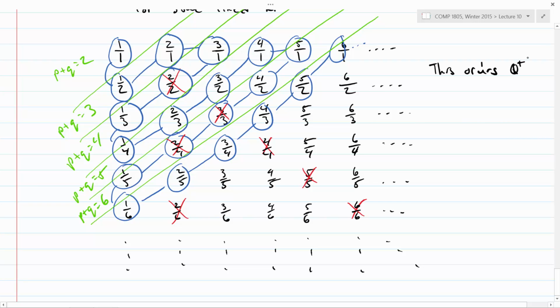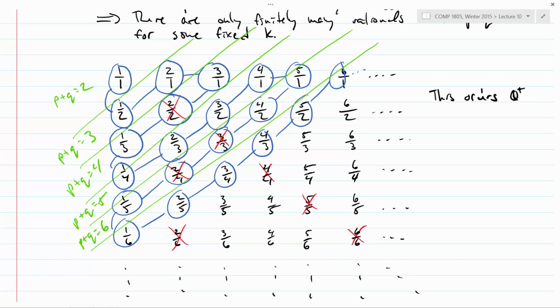Does anyone not think that's an order? Yeah? Can you explain why P plus Q adds up on the side? Why they add up? So, that's the order I put them in. Like the third row, what do you add up to? So the numerator is 1, the denominator is 3, so that's 4.